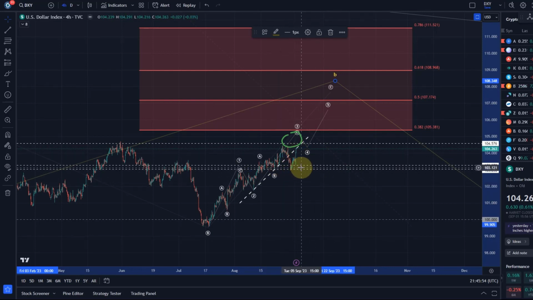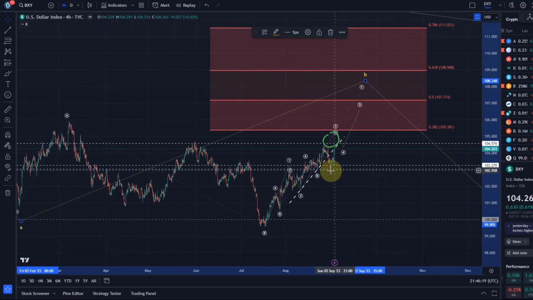When do we start to get confirmation that we are already in the decline here? That would be below $103 basically, and then a break below $100.50, this B wave low, will be further confirmation. And of course, a break below $99.50 will be even further confirmation.